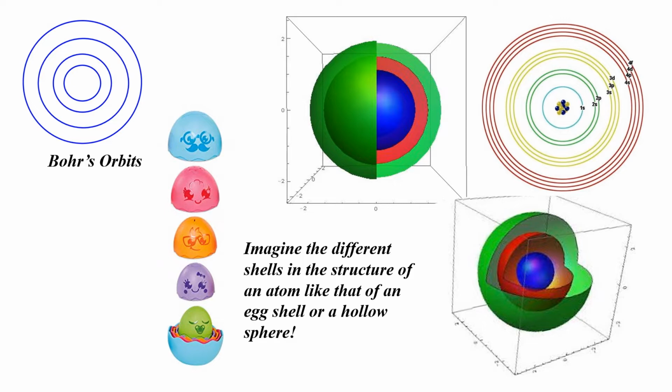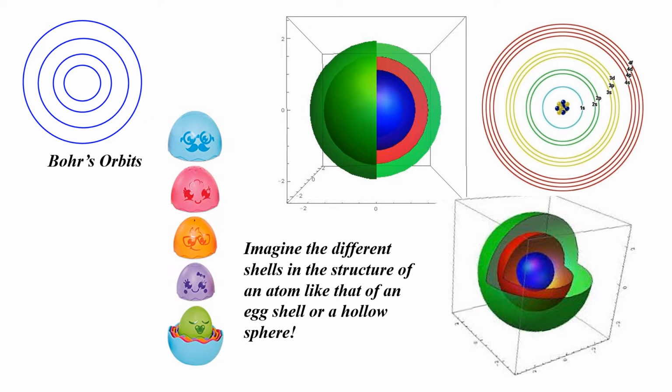That is, they also have subshells inside them. So these shells can be the first shell, second shell, third shell, and so on. Each of these shells further have divisions which are called subshells, and each subshell further is divided into orbitals. We will learn about it as the class proceeds.